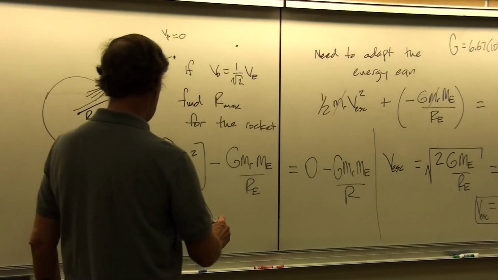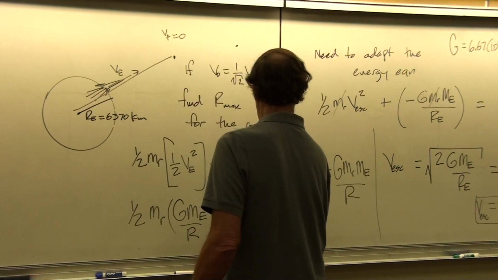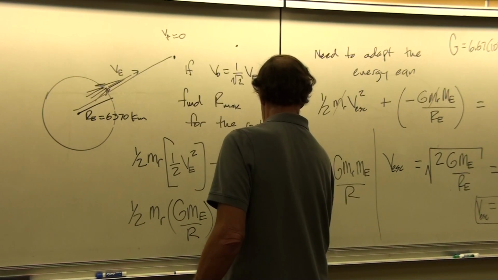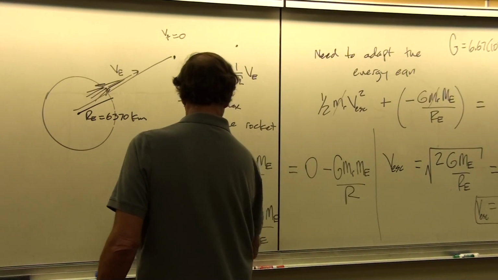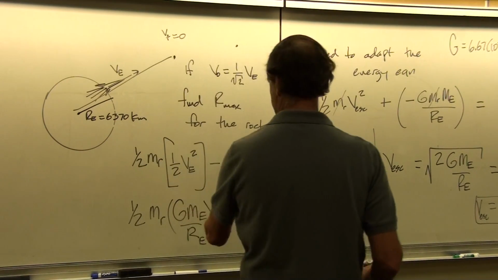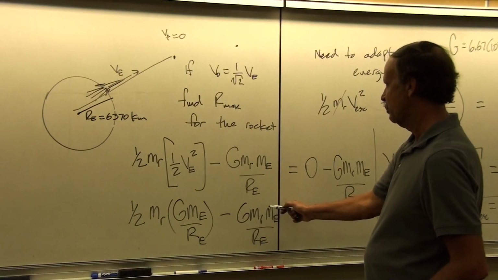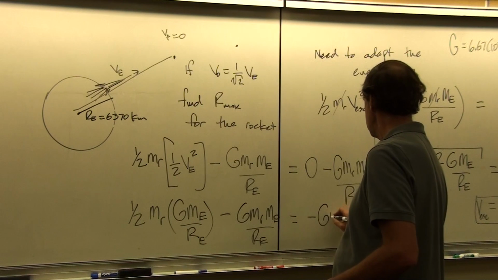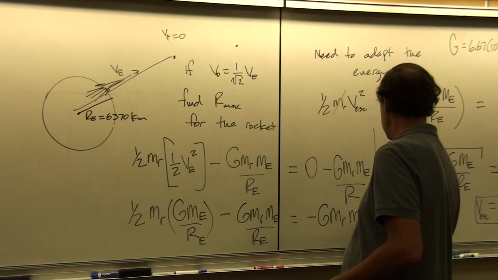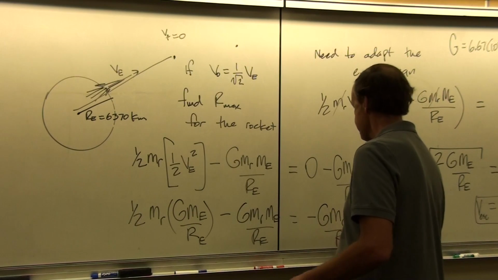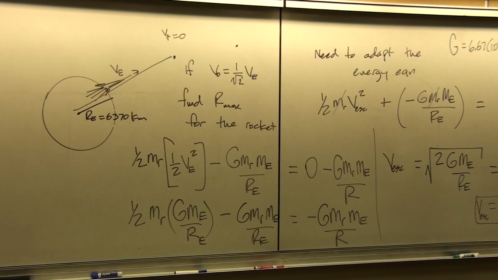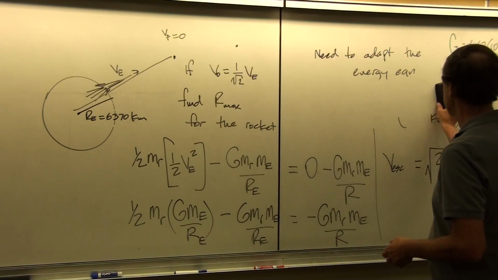And then we'll subtract from that G mR me divided by RE. Okay, so this is 1/2 minus 1 equals, over here, minus G mR me over R. So do I even need G and mR and me? Well, no, because they all cancel out of this expression.